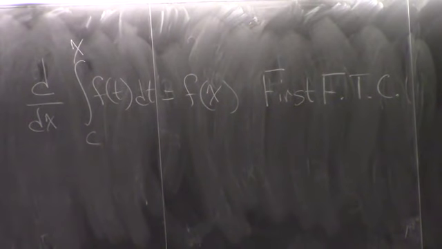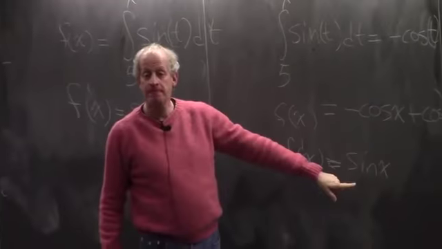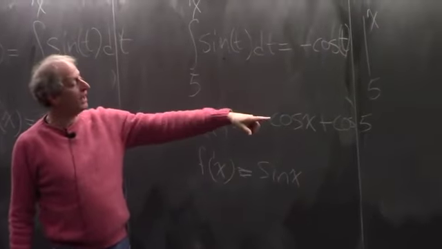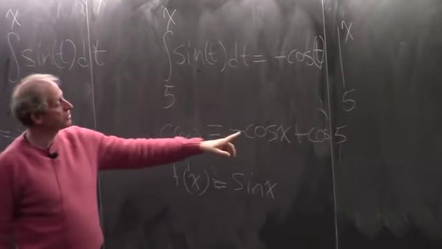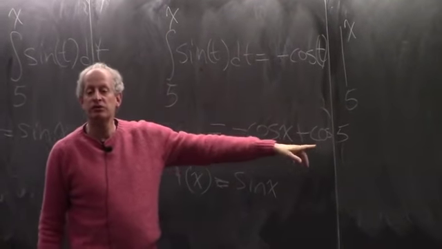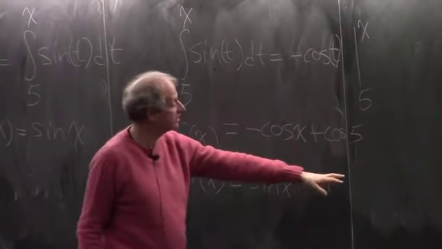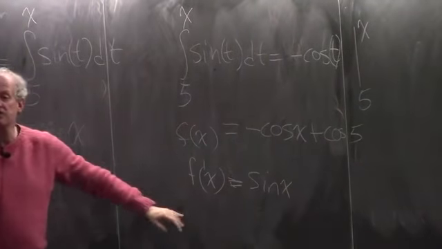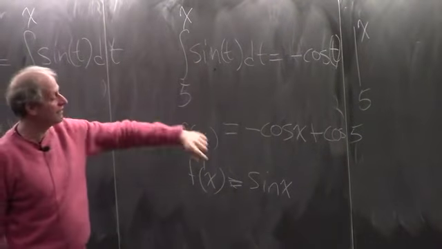Yes? Here, first I took the antiderivative, then I took the derivative again. So I took the antiderivative, and what happened was the bottom number just comes out a constant. So when I take the derivative of that constant it is 0, and I just get back where I started. But now, instead of t, I have x.